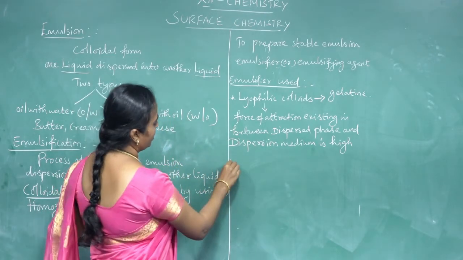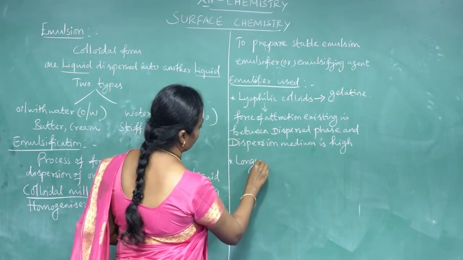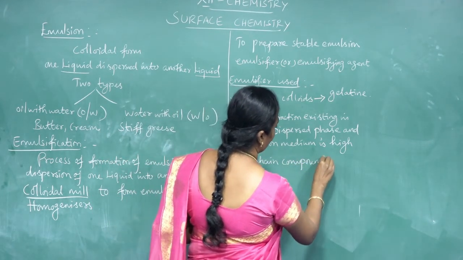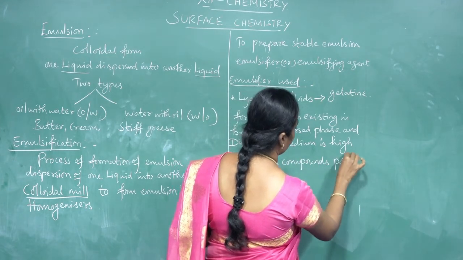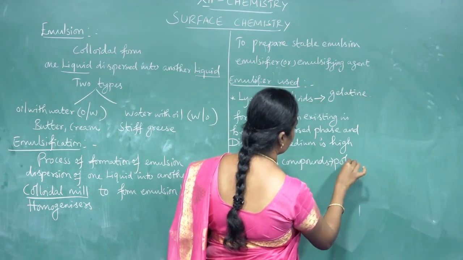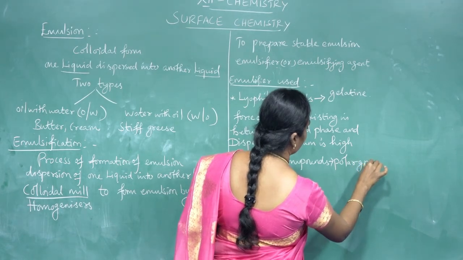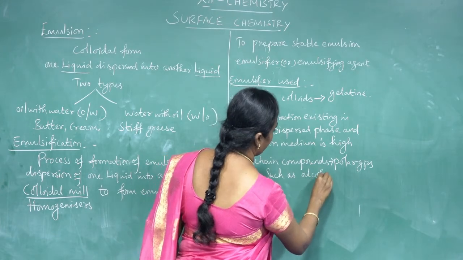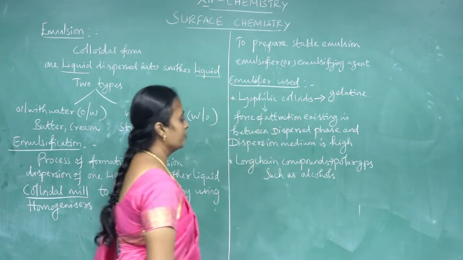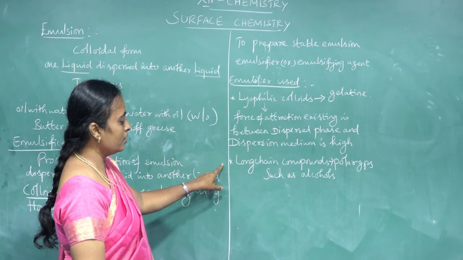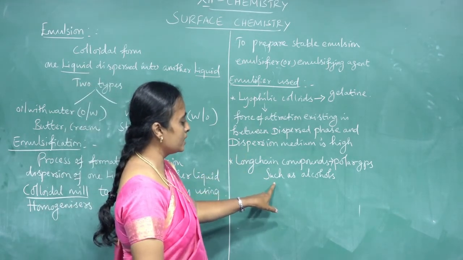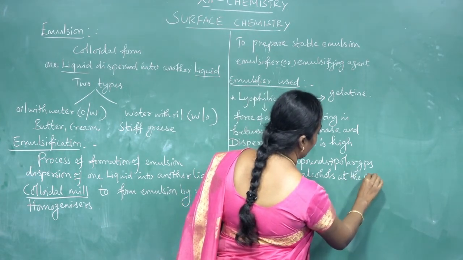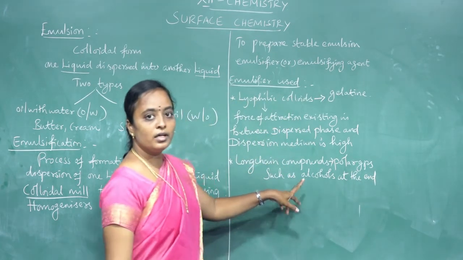And the second one, you can take long chain compounds containing polar groups such as alcohols at the end. That should act as a good emulsifier.